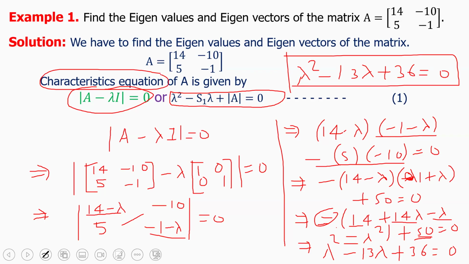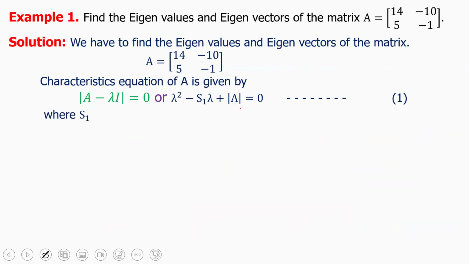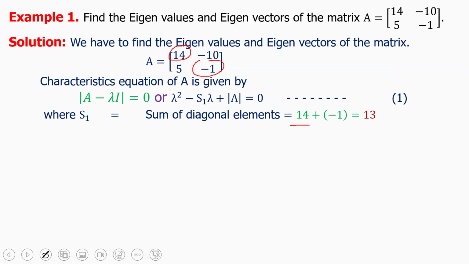Now we have taken this method. Let me try to use the shortcut method, where S1 is nothing but the sum of diagonal elements. The diagonal elements are 14 and minus 1, so 14 plus minus 1 is equal to 13.